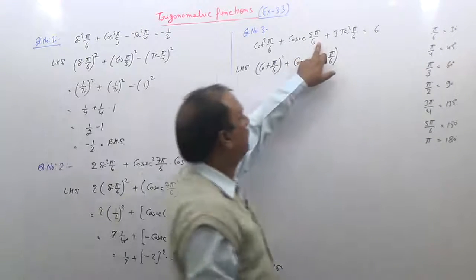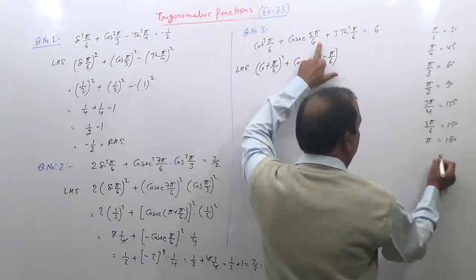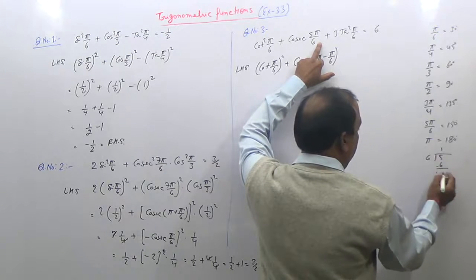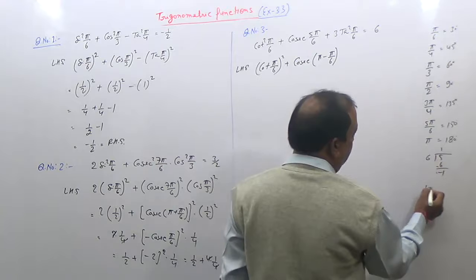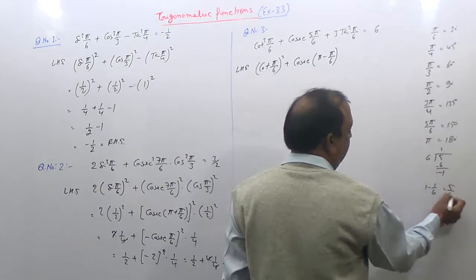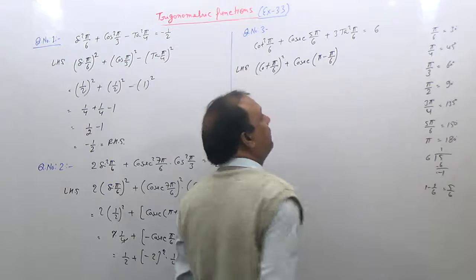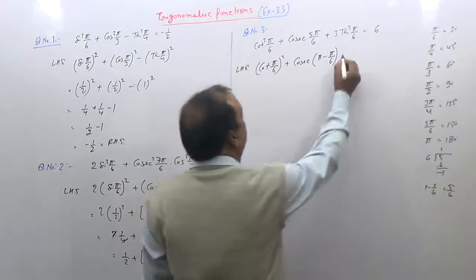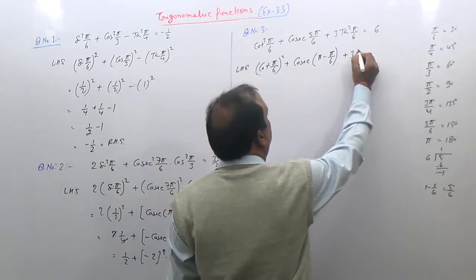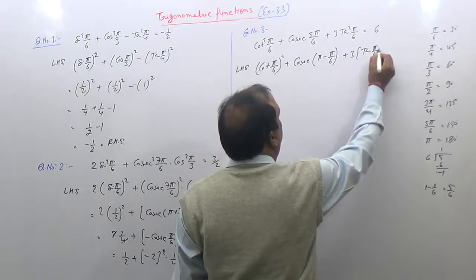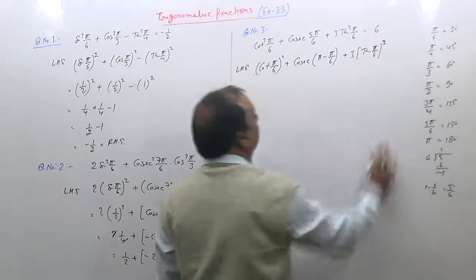Divide this: 5 by 6 can be written as 1 minus 1 by 6, which is 5 pi by 6. Putting pi, it is pi minus pi by 6. And this is written as 3 tan pi by 6 whole square.